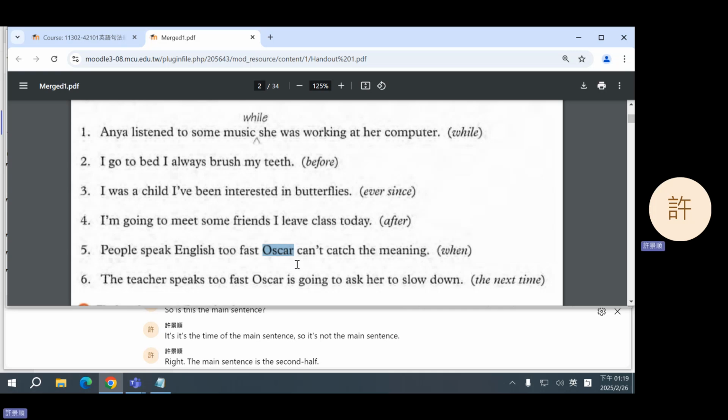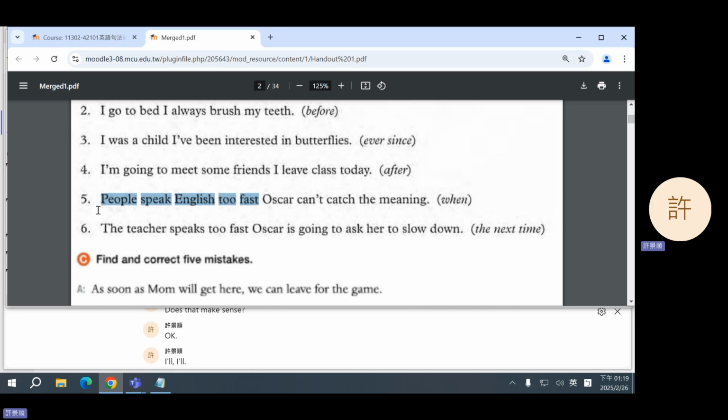So Oscar is the subject, can't catch is the verb, the meaning is the object, and then the first half tells us the time that this happens. Does that make sense? Okay. I'll talk to you a bit more later.